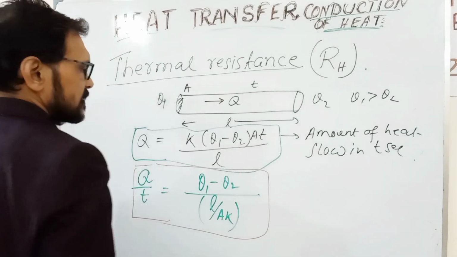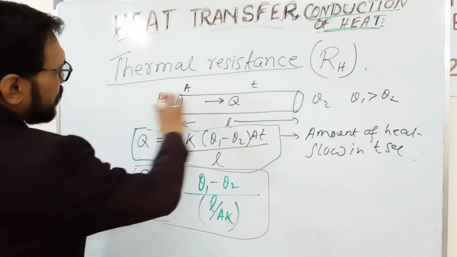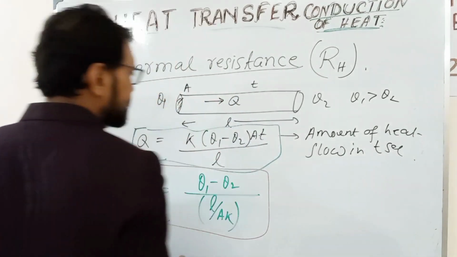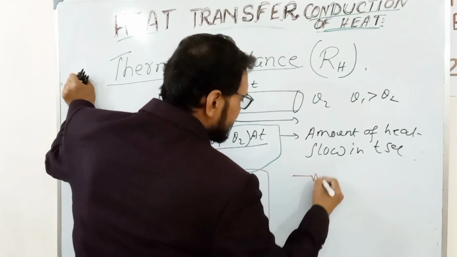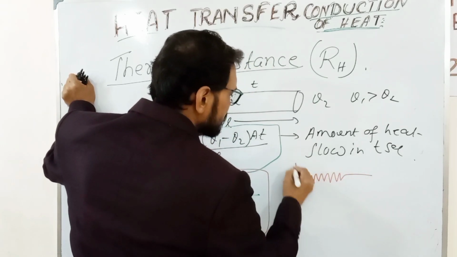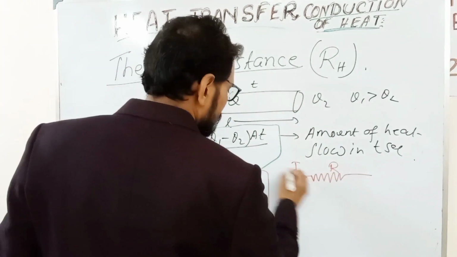If we compare with the electric current through a wire, which we studied in class 10: when current passes through a wire whose resistance is R, what is Ohm's law?